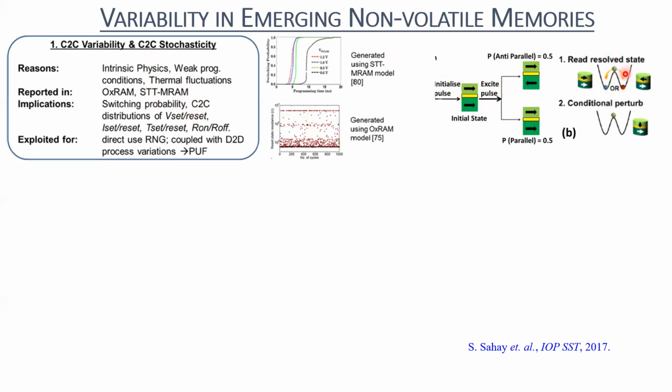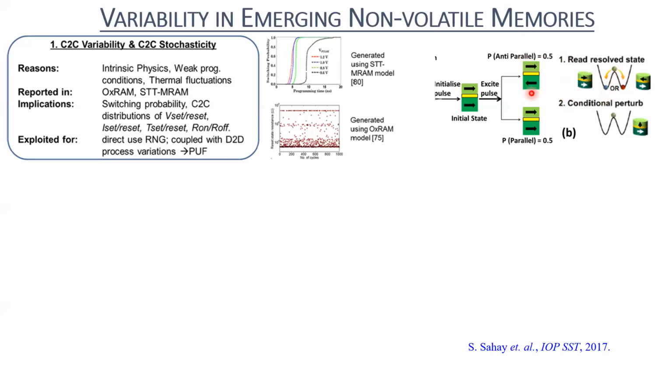So if the electrons are in this state, which electrons could be in this state? The electrons in the free layer. Because the pinned layer is fixed, you cannot change its magnetic moment. But you can change the magnetic moment of this free layer.